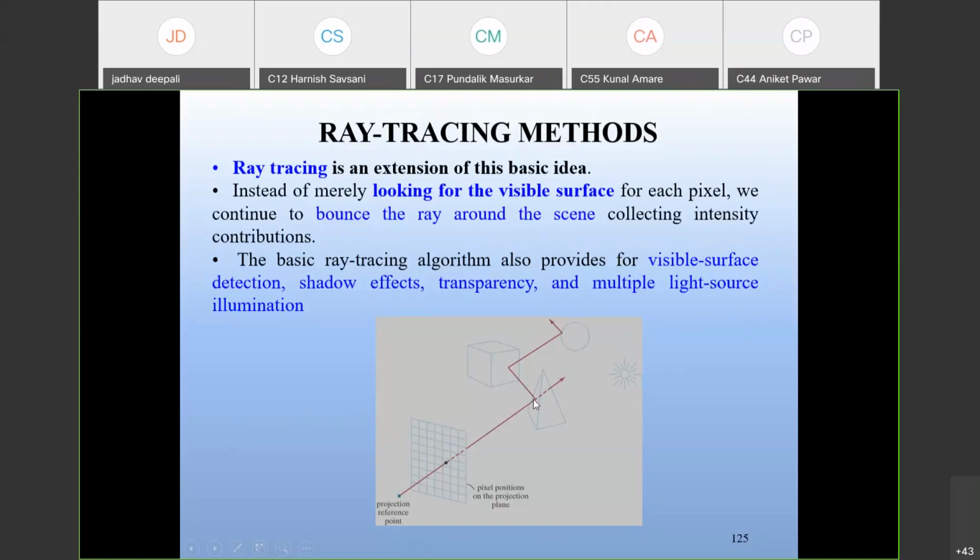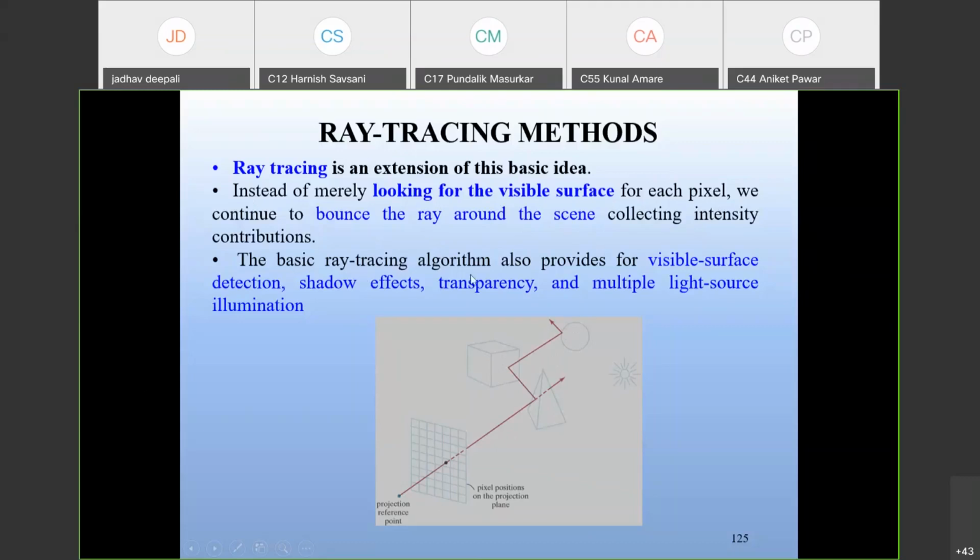Some of it is absorbed, some is reflected. Now this is another object where this ray goes, then again it is reflected. This is the third object in the scene where this ray goes. So instead of merely looking for the visible surface for each pixel, we continue to bounce the ray around the scene, collecting intensity contributions. So this ray bounces on all the objects.